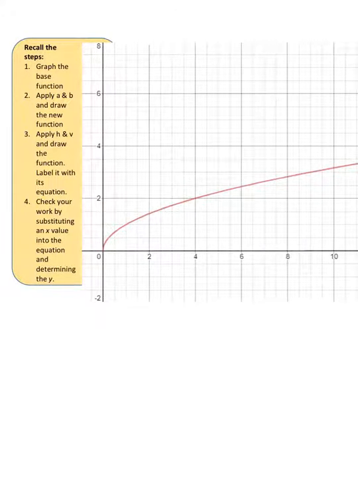So step 1 is to graph the base function. This is the square root function. So you have the key points (0, 0), (1, 1), (4, 2), and (9, 3). And then from here, we're ready for step 2, which is to apply the a and b values and draw the new function.